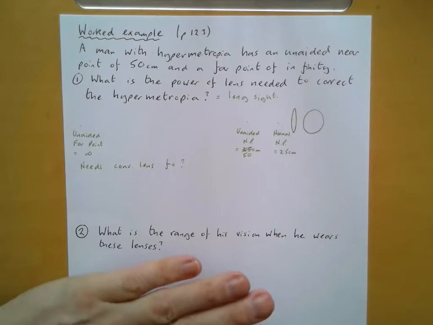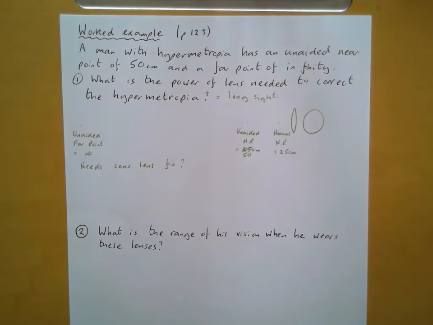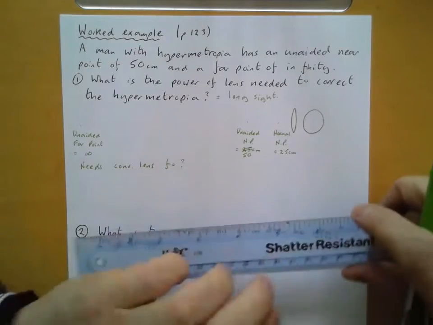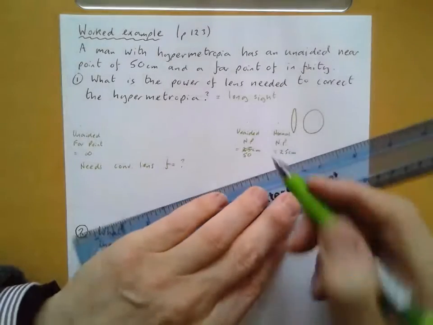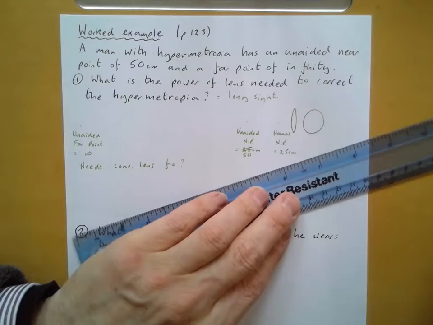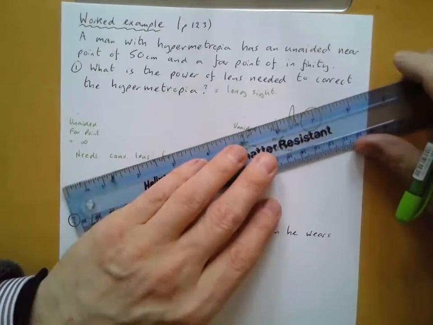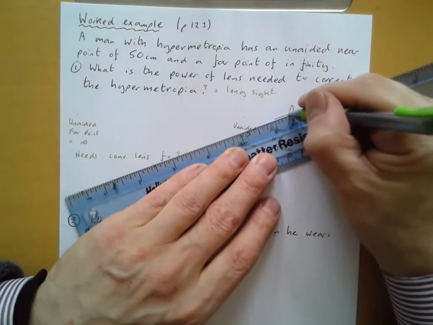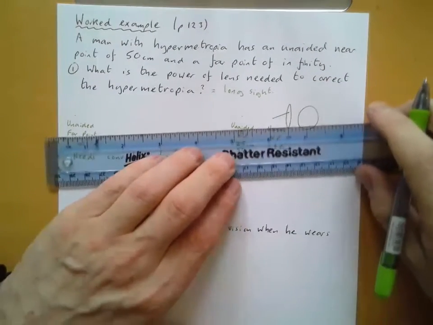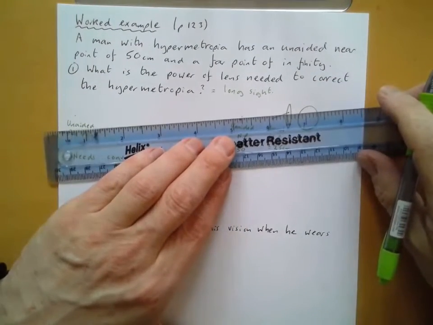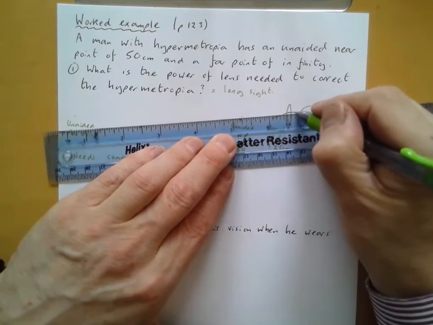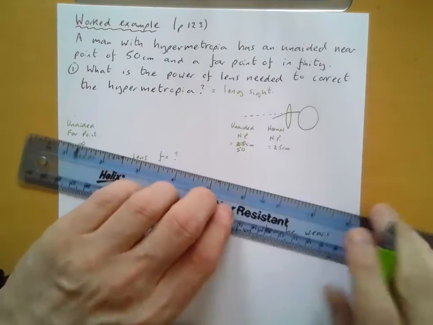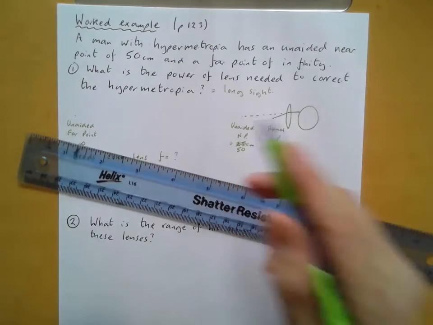Okay, but what must happen is that the converging lens is going to converge rays of light so that they appear to come from his unaided near point, his actual near point. So in other words, if you've got a ray of light coming from the normal near point, the correcting lens can converge that a bit so that it appears to come from his unaided near point.